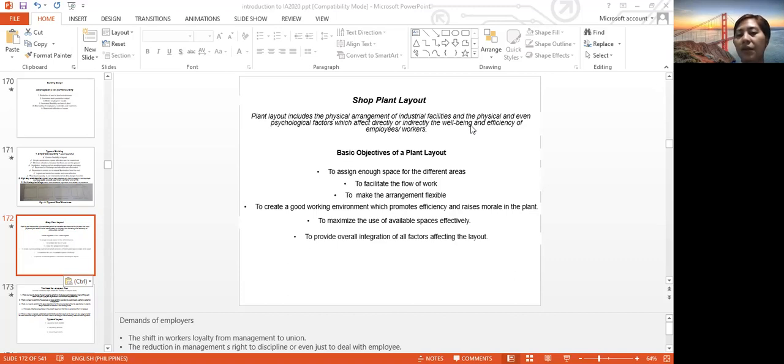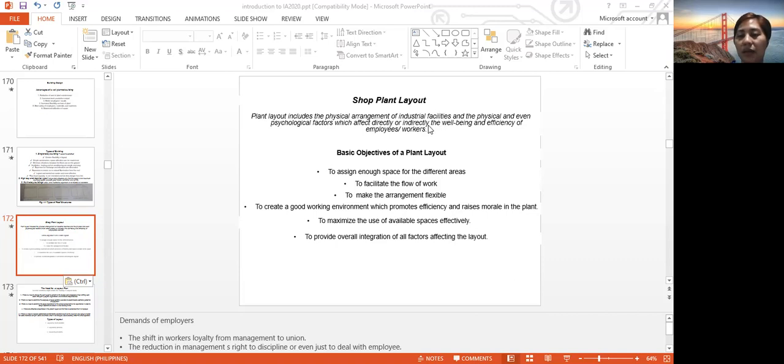Because for example, if the arrangement is organized, then of course the individuals can do their job efficiently because there are no disturbances, no distractors in their working area.